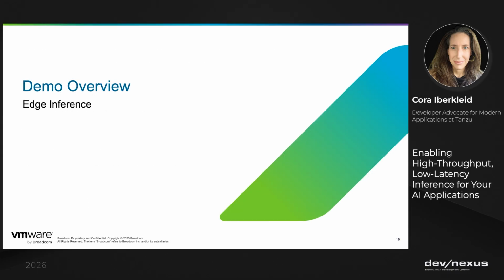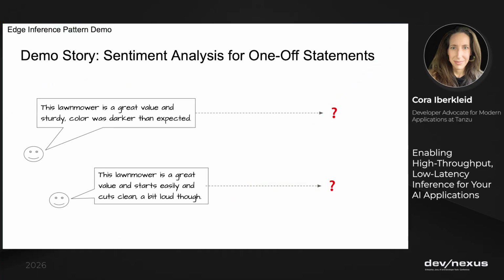So let's go into the demo. So just to give it a little bit of a story, for the edge inference, it's very simple, so we're focusing more on the technology. Here our Spring Boot application is going to expose a controller. Through a controller, it's going to expose an endpoint that as a user, you can just send some phrase to it, right?